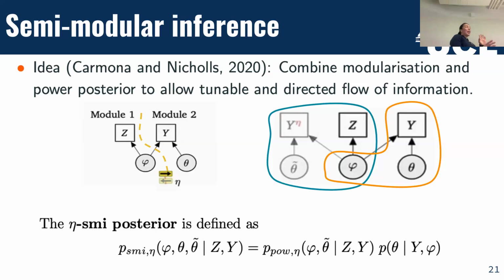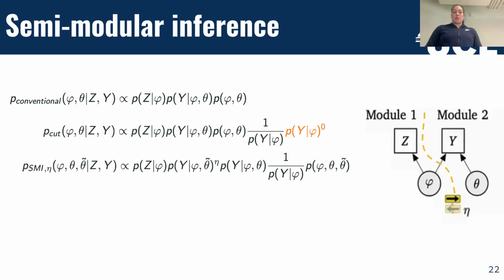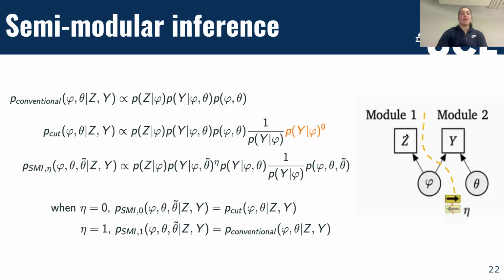And I'll try to explain it now in the easiest way possible, just to give you an idea what happens if eta is 1 or what happens if eta is 0. So, okay, here we go. Remember that was my conventional posterior of the two.